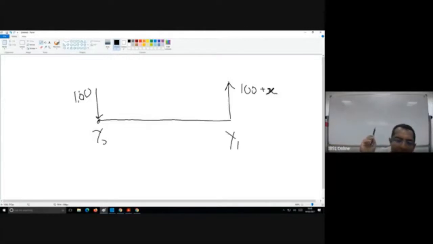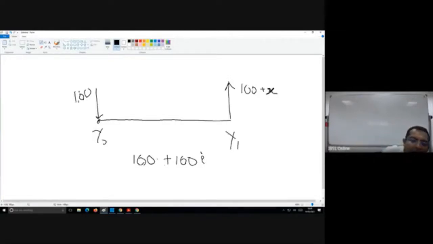Think about a 100 rupees FD. So you have 100, then you have 100 into your interest, right?